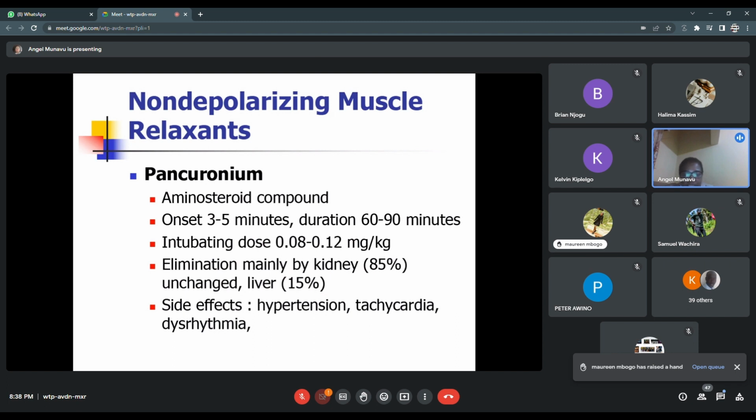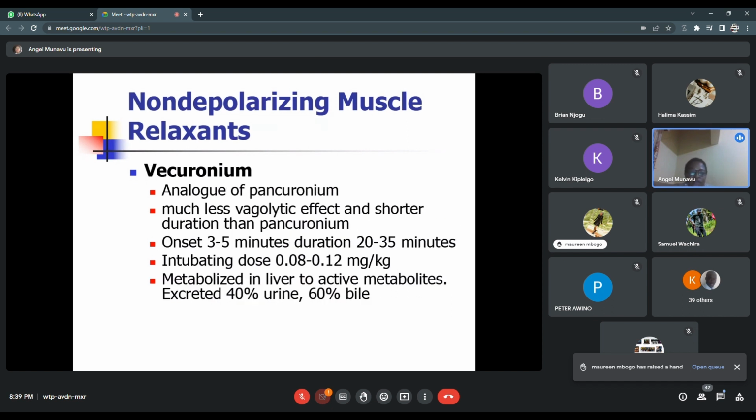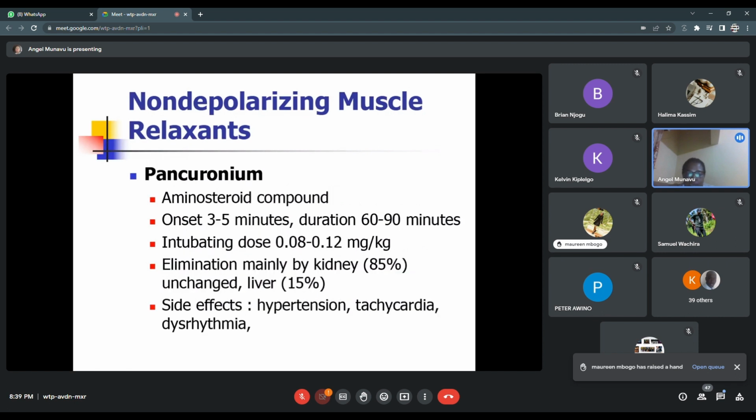What are the side effects? It causes hypertension, so again, it's not good for patients who are hypertensive, causes tachycardia, and may cause dysrhythmias. The other one is vecuronium. It's an analog of pancuronium, it has much less vagolytic effect and a shorter duration of action than pancuronium.